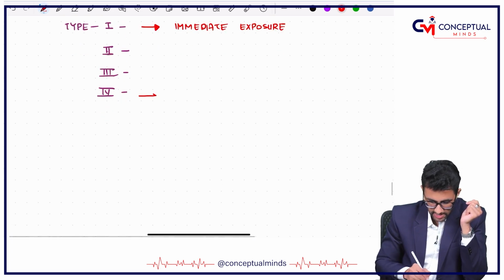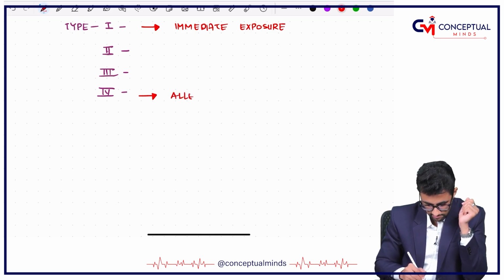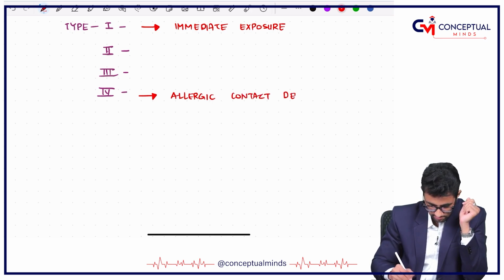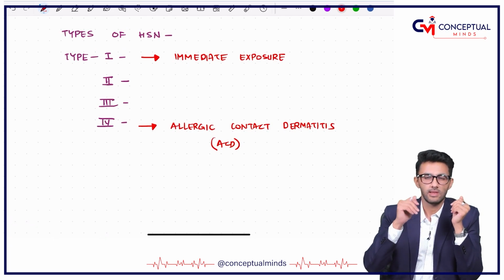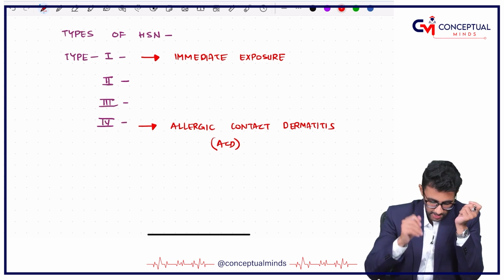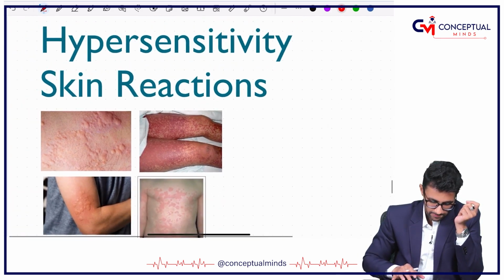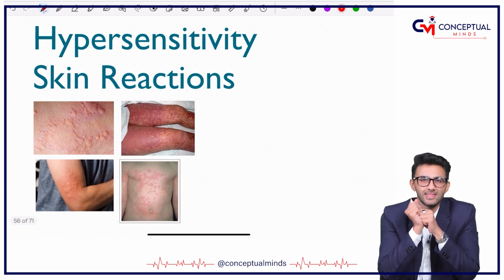And the delayed one is the allergic contact dermatitis, ACD. Then we have the treatment option for this as well: we give topical or oral corticosteroids followed by antihistamines. So that is all about hypersensitivity, skin reactions, and the management. Thank you so much for listening.